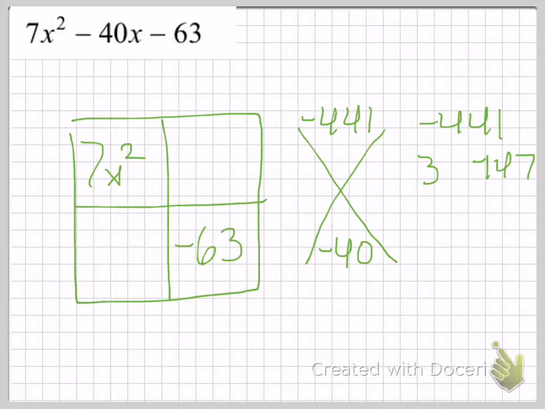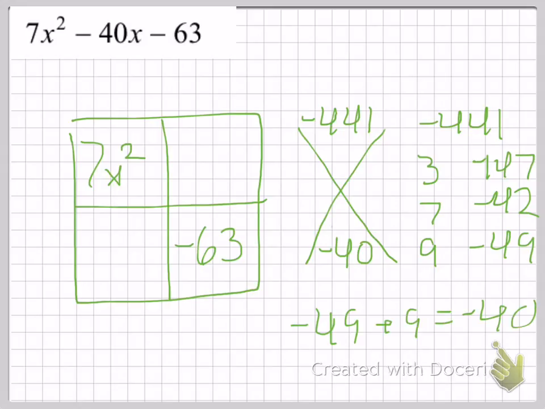If we try 7, we get negative 42. Unless we tried 3, let's try 9. We get minus 49. We'll take a look at that. If we take minus 49 and add 9, we get minus 40. So we found the terms that we need. When we fill it in the box, we have minus 49x and 9x.